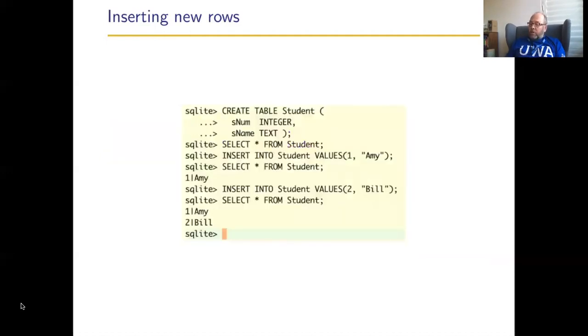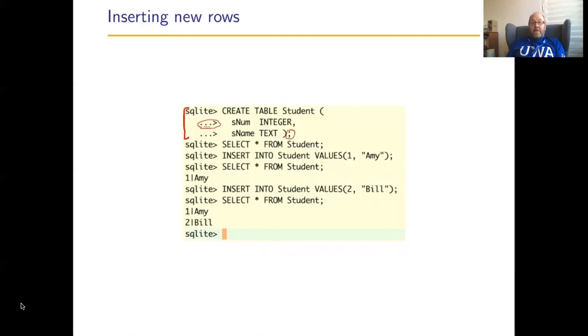Okay, so let me just illustrate this again in the SQLite prompt. In these 3 lines, I just created the table. You noticed I typed create table student, open bracket, and then I hit return. And then I got this thing here, which says command not finished, please enter more. And then eventually the command finished when I put the semicolon there.